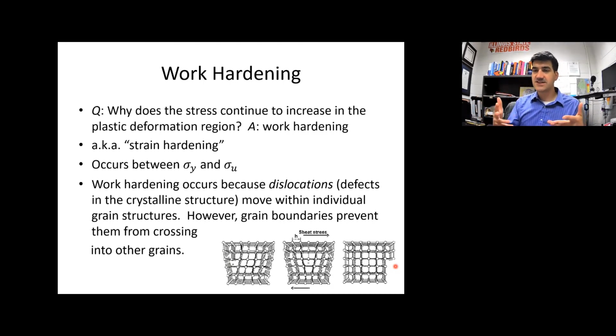And the easiest defects to move to cause dislocations, those happen first. And then as I continue pulling on this specimen, I get more and more of those defects to move until you can't anymore. You don't have any more defects to move. And at that point, you're basically at the ultimate tensile strength.